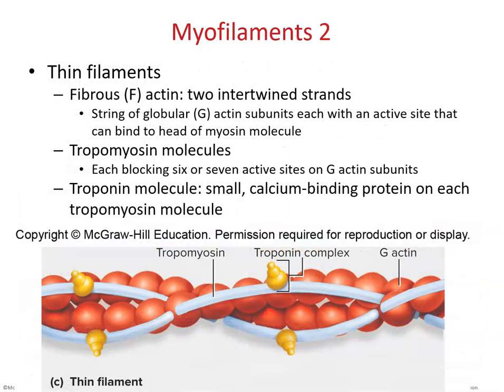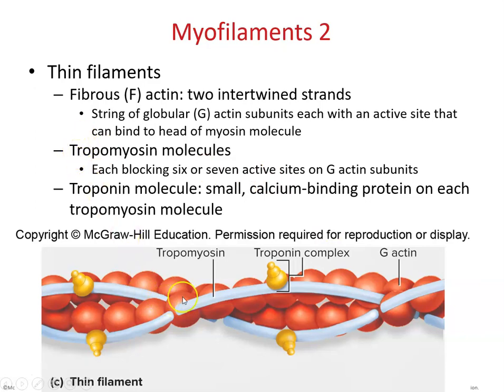The thin filament is called actin. Okay, it is also two intertwined strands, and actin is actually strings of globular protein. So this is like two strings of pearls that end up wrapped around each other. Supporting these, we have tropomyosin.